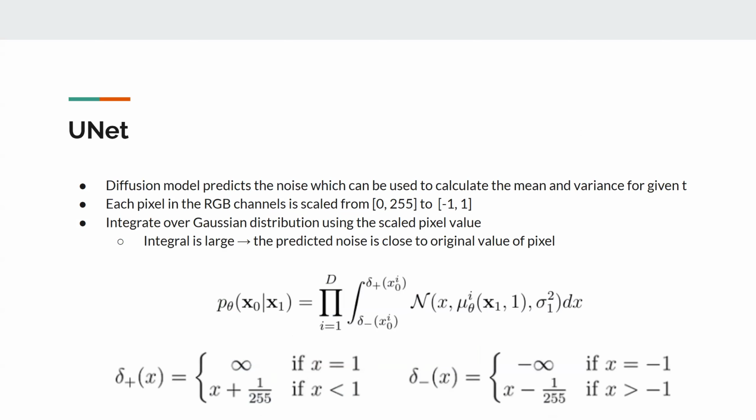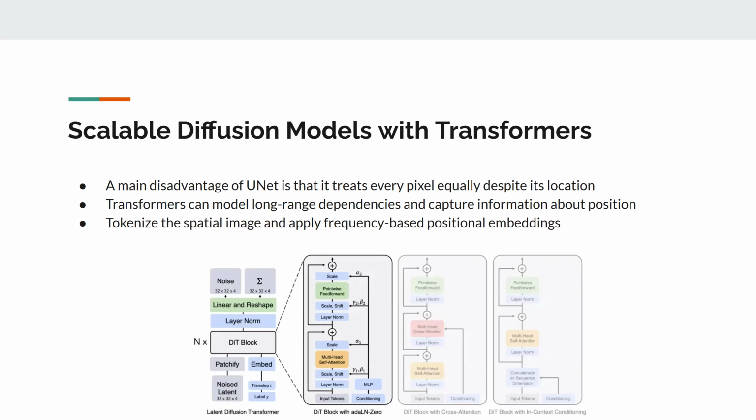That's what transformers do, or the diffusion models with a transformer architecture. Transformers are so good because they can model long range dependencies, and they also capture information about relative positions of data. In terms of text, words that are closer together might be more related compared to words that are farther apart. That's why we use transformers for NLP, natural language processing.